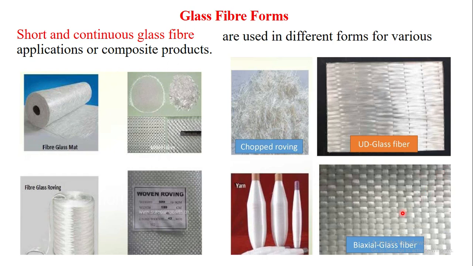Maybe these orientations are 45 degrees, but whether the fiber orientation is at 90 degrees, 45 degrees or 0 degrees, meaning unidirectional, the mechanical behavior of the produced composite varies based on the fiber orientation, which means that fiber orientation has a main impact on the strength of the composite. Yarns: this one is available in yarn form, meaning multiple single fibers. This one is the mat form or woven fiber. This one is fiberglass roving.